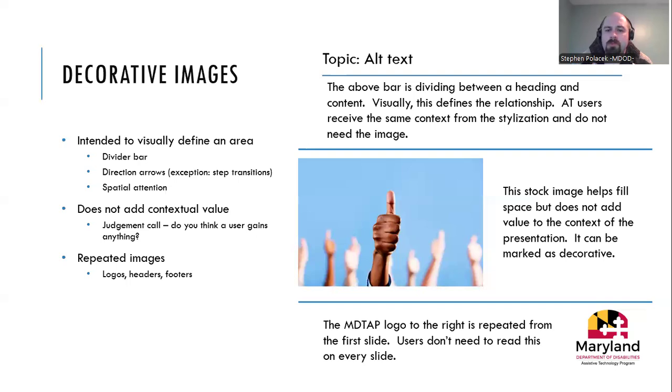So a couple examples here on the screen. First is a heading, topic, alt text, that has a divider bar underneath it, and then a paragraph explaining that. The above bar is dividing between a heading and content. Visually, this defines the relationship. AT users receive the same context from the stylization and do not need the image.